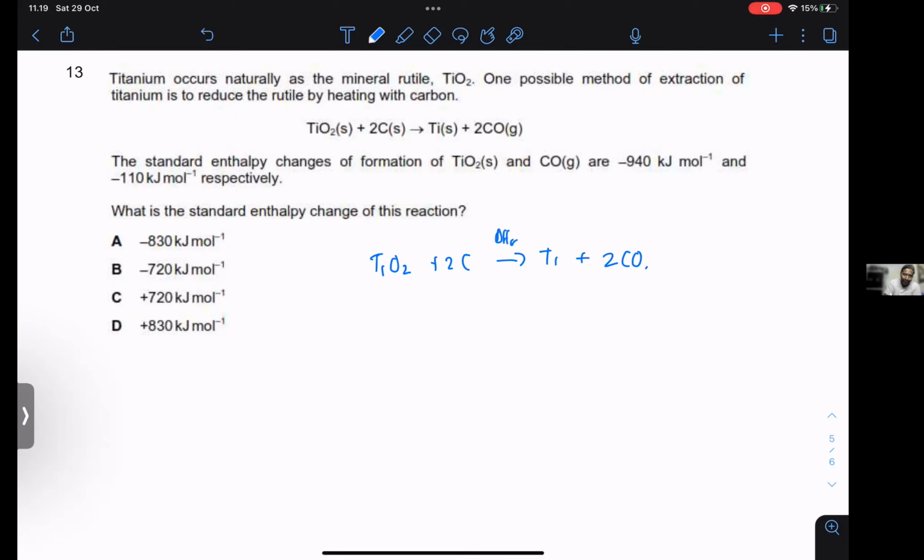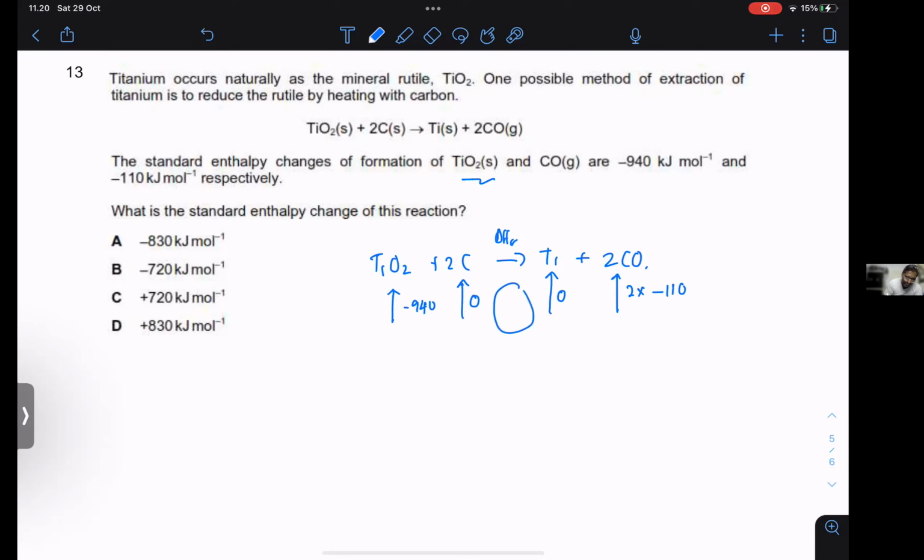So to form formation, they already gave, so this is negative 940. To form this, you don't need to form an element, so it's 0. To form titanium, it is already an element, 0. To form this, 2 moles, so 2 times negative 110.